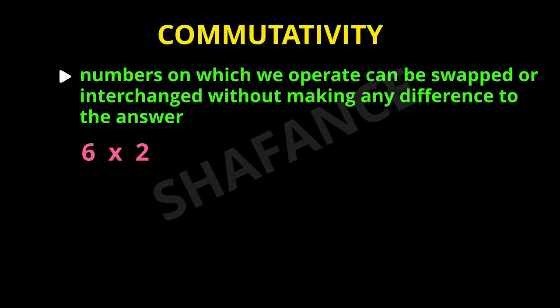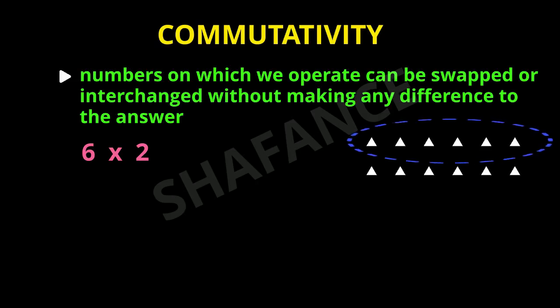What does 6 multiplied by 2 mean? We have already seen in multiplication that this means we are taking 6 steps two number of times. We can also see through the depiction in the diagram that we are taking 6 steps twice. So in all, we are taking 12 steps.